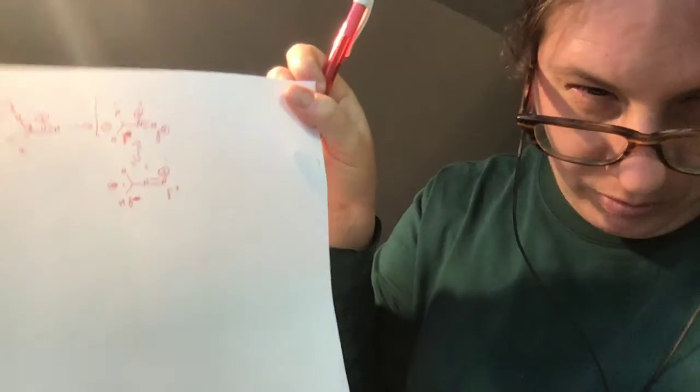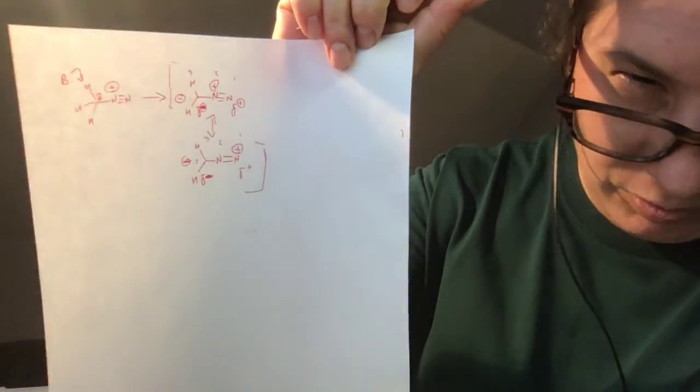So this is why it's a 1,3 dipole. So we can draw the other resonance form. I'm going to redraw this guy here, but we have that delta plus over at the 1 nitrogen, and we've got an anion over at the carbon.